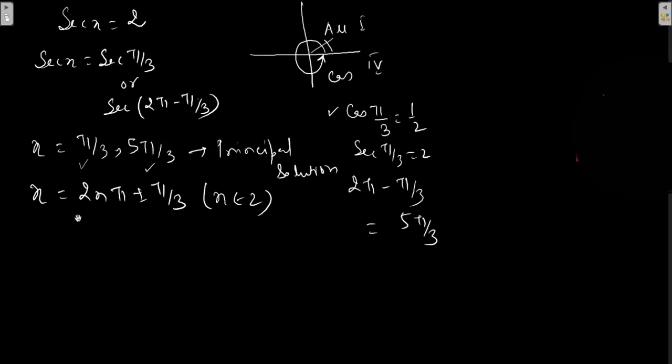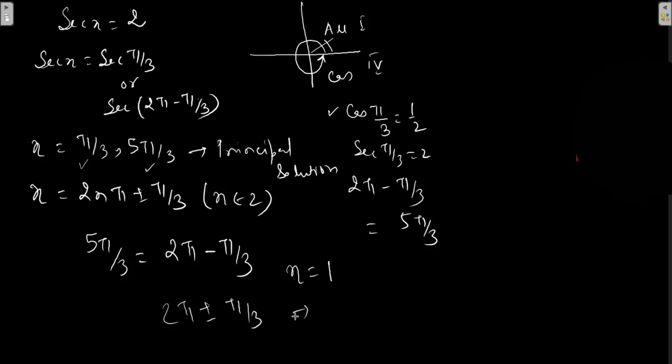Okay, so you might be wondering, why do we take pi by 3 and not 5 pi by 3, right? Let's say you want to write 5 pi by 3. 5 pi by 3 is nothing but 2 pi minus pi by 3, right? And as you can see, this is included here. When n becomes 1, this will become 2 pi plus or minus pi by 3, right?